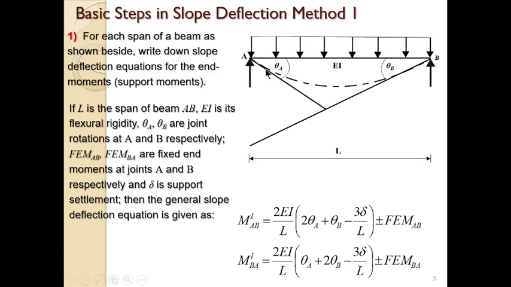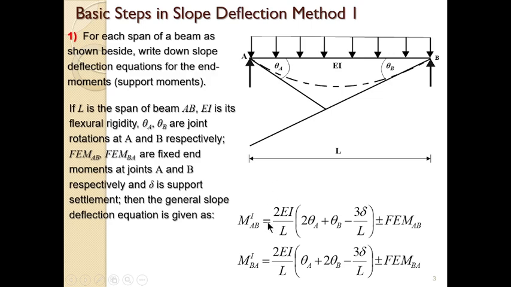So if you have all those things, the theory says that the support moment at AB is equal to 2EI over L into 2 theta A plus theta B minus 3 delta over L plus or minus the fixed end moment at AB. Now, delta here is support settlement. That is for situations where there is support settlement. Delta stands for support settlement.